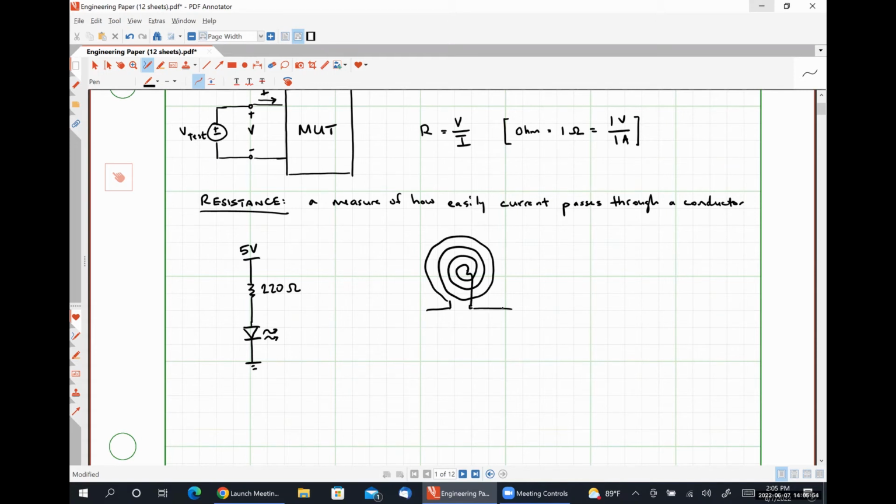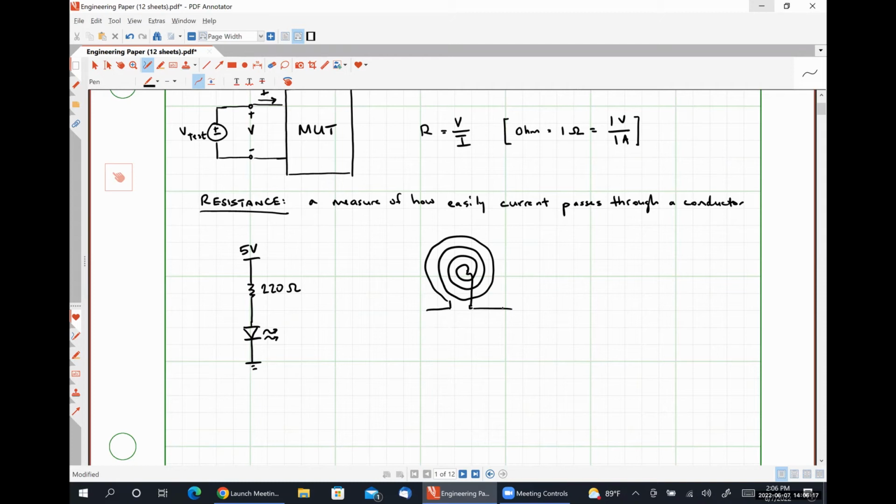So on an electric stove, you have a heating element or something like that. That's simply just a resistor. You pass a current through it. The material that the coil is made of resists that current flow and causes the coil to heat up, thereby boiling your water or heating up your pan or whatever it is that you're trying to do.